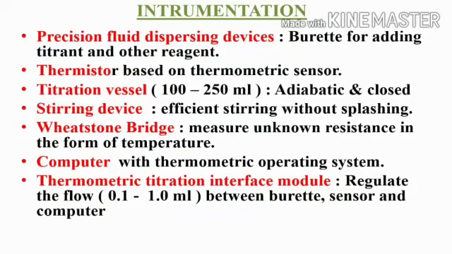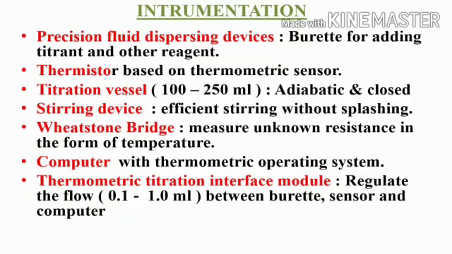Thermometric titration assembly also consists of an adiabatic vessel which is closed. Its capacity is 100 to 200 ml. The purpose of using the adiabatic vessel is that there should not be any heat exchange between the analyte and surroundings. A stirring device is also present in the assembly. It is used to stir the solution in the adiabatic vessel without splashing.